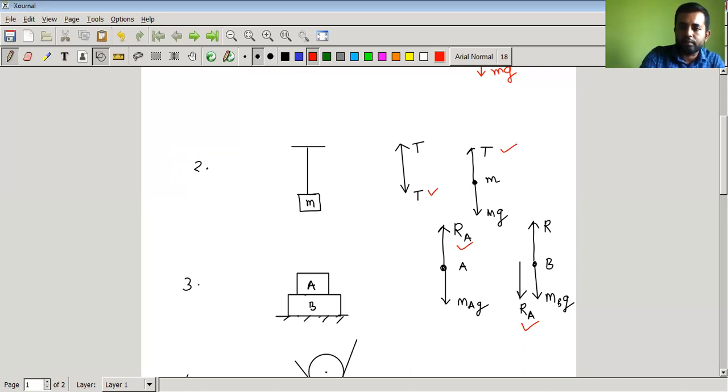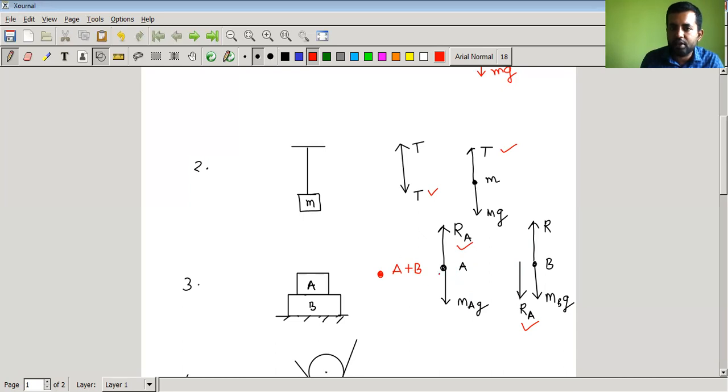Now moving on, what if A and B is your system? So how will you represent that? If A and B is your system, then this is your A plus B system. Just combine these two forces and you will see that this and this will get cancelled, isn't it?